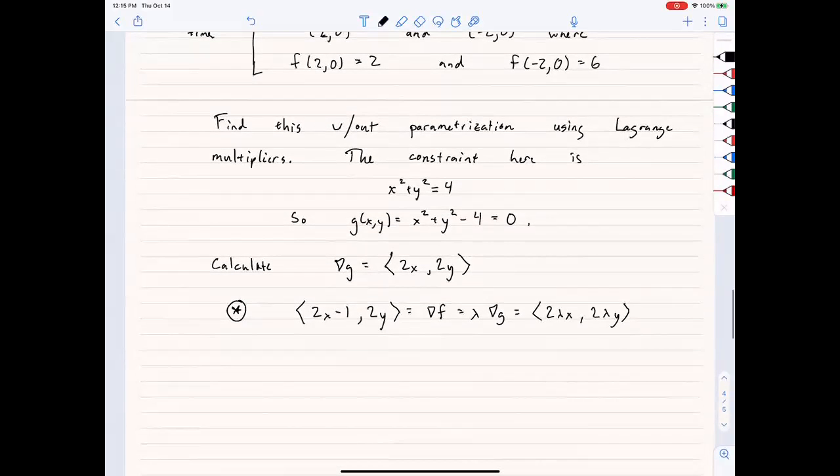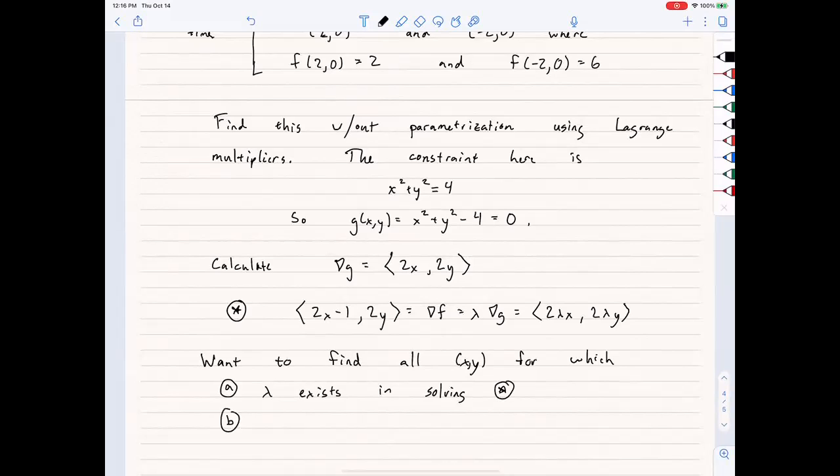So let's be clear about what we want. We want to find all x, y for which two things happen. A, lambda exists solving this equation.